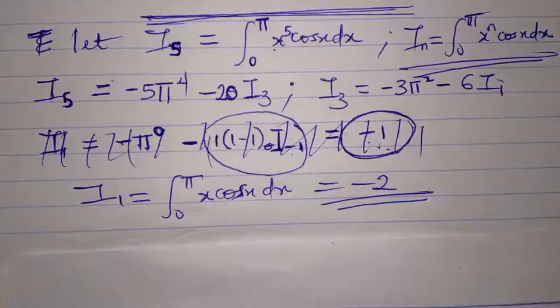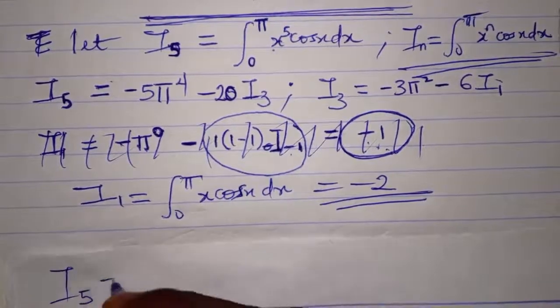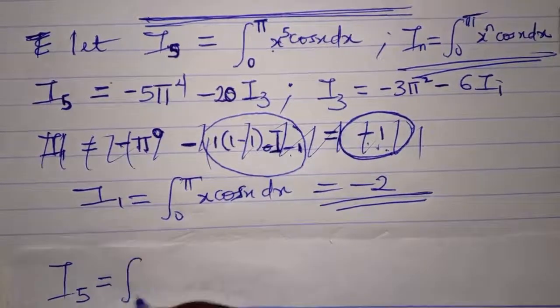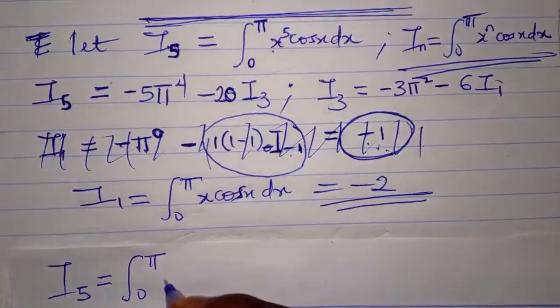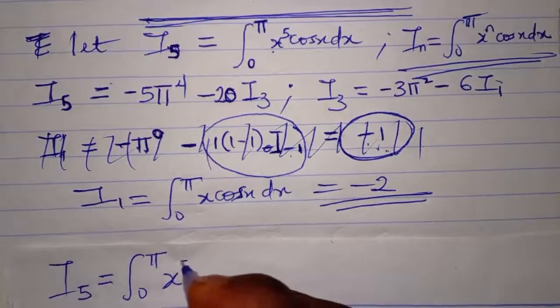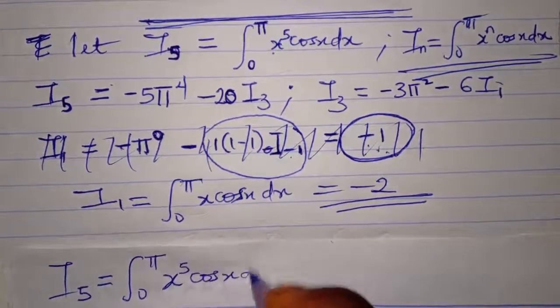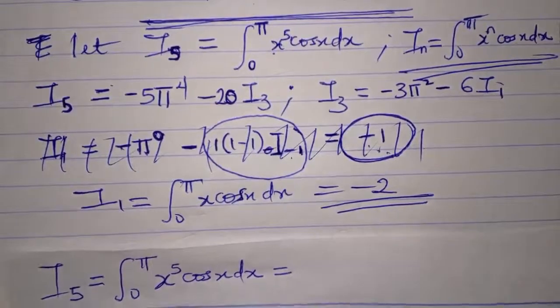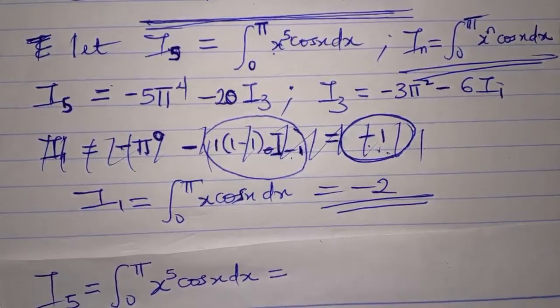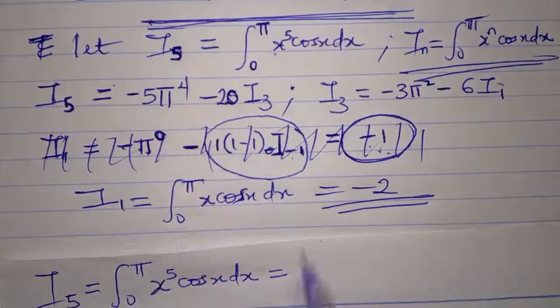Good. I5, which is the integral from 0 to pi of x to the power of 5 cos x dx is equal to this. What's I5? I5 is this.